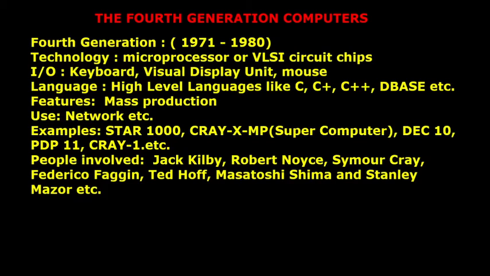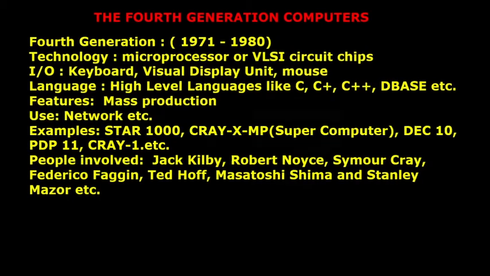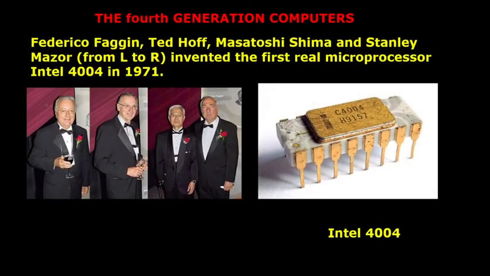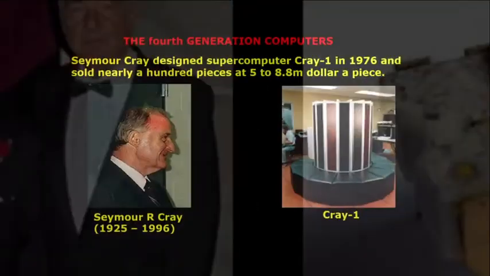The people involved in this were Jack Kilby, Robert Noyce, Seymour Cray, Federico Faggin, Ted Hoff, Masatoshi Shima, and Stanley Mazor. Federico Faggin, Ted Hoff, Masatoshi Shima, and Stanley Mazor, from left to right in the picture below, invented the first real microprocessor, Intel 4004, in 1971, which started the fourth generation computers.